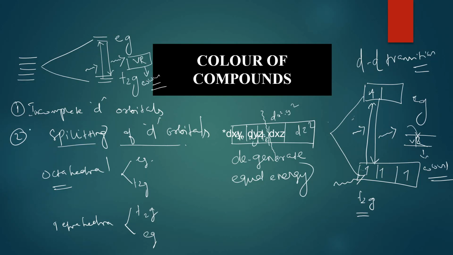The first point is incomplete d orbitals, and the second point is d-d transition.